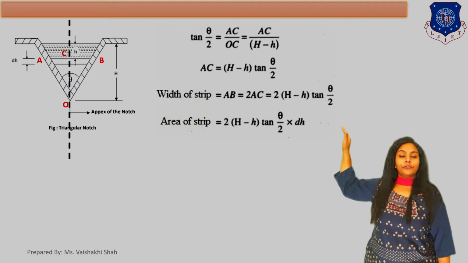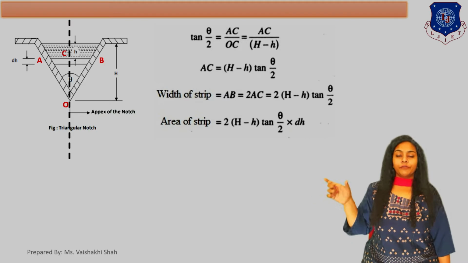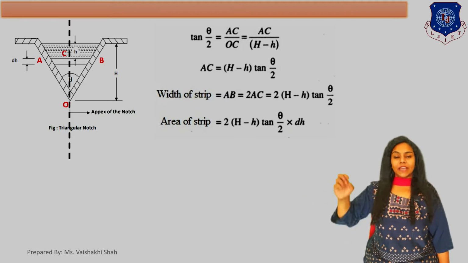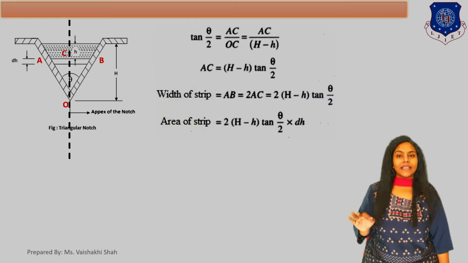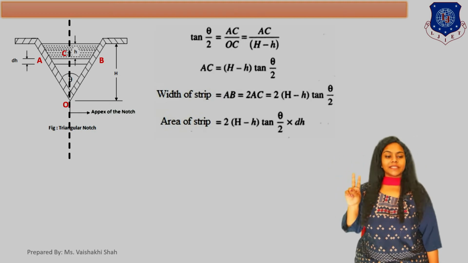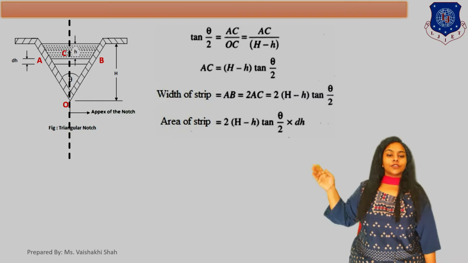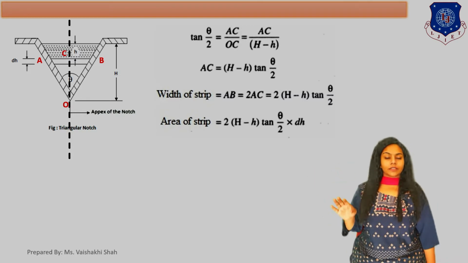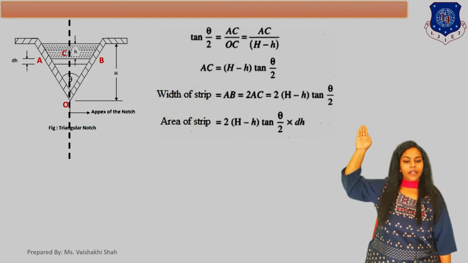Now the width of the strip, from the diagram, is AB. Here we know the equation for AC, so you can write AB equals 2 times AC. So the width of the strip is 2 into (capital H minus small h) into tan theta by 2.